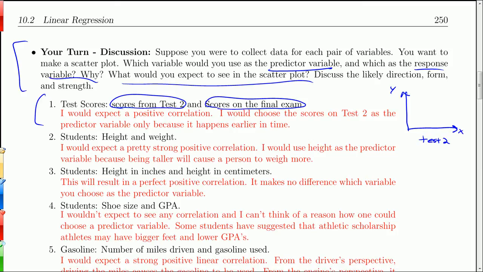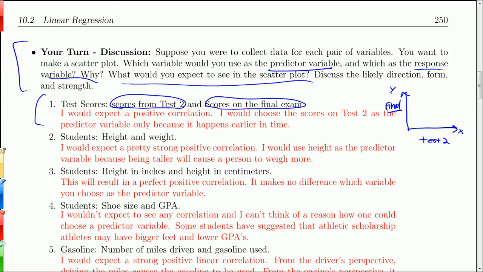First off, doing well on test 2 probably would cause you to do a little better on the exam. But specifically, it happens before the exam anyway, so it's certainly impossible for the score on the final exam to cause you to do better on test 2, because test 2 happened first.